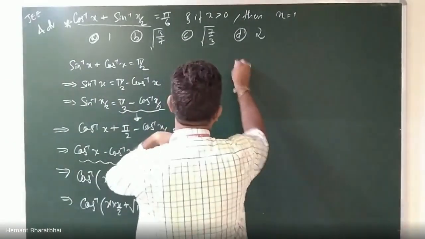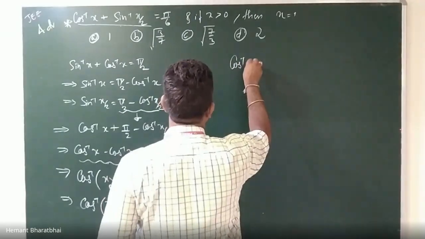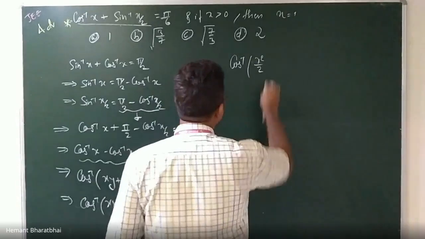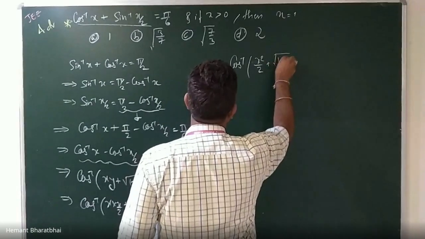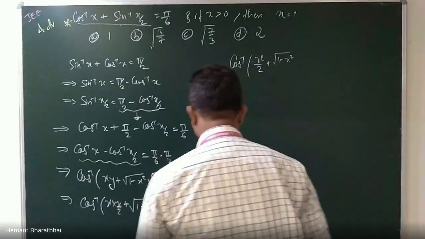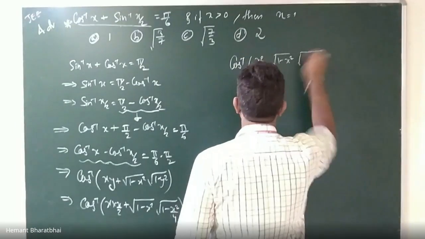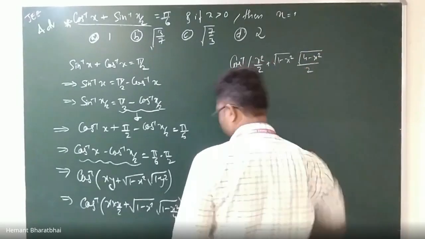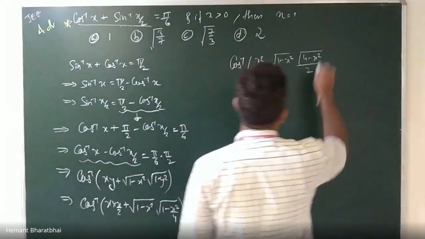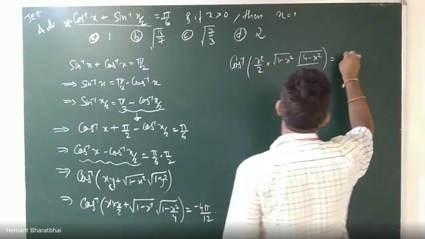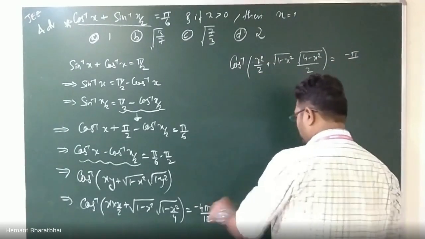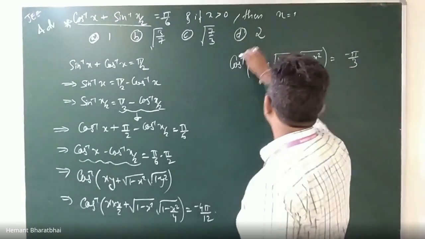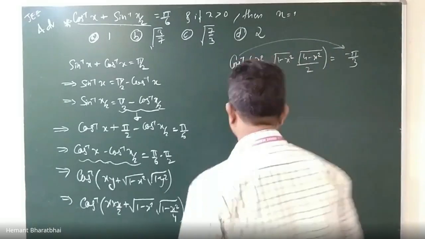So here I get cos inverse of x square by 2 plus under root of 1 minus x square into under root of 4 minus x square by square root of 4, that is 2, is equal to minus pi by 3. The cos inverse will go over there.